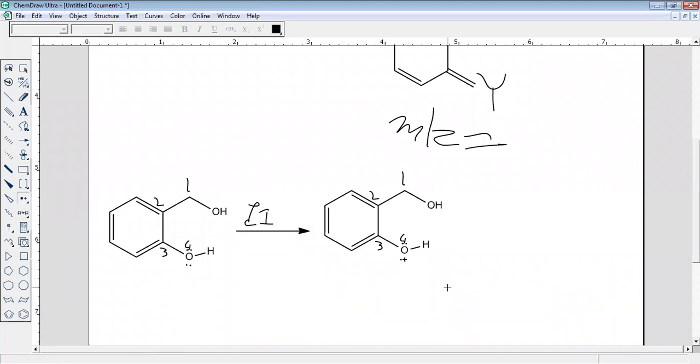Yes. No breakage. This undergoes homolysis. This bond will break. This bond also breaks. This bond also breaks. And write what you are getting.